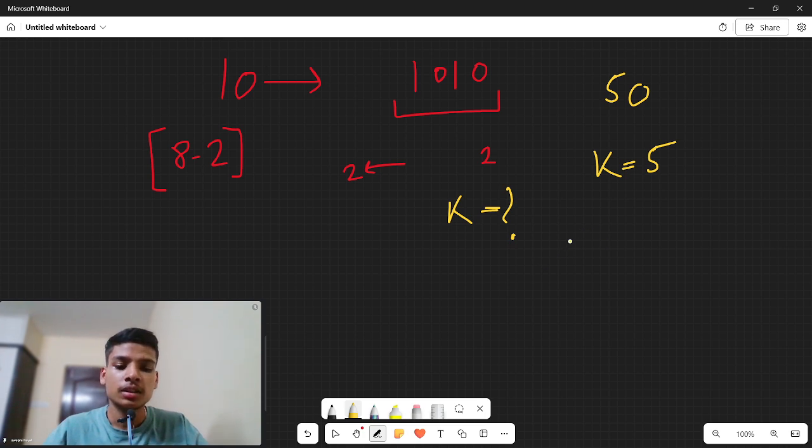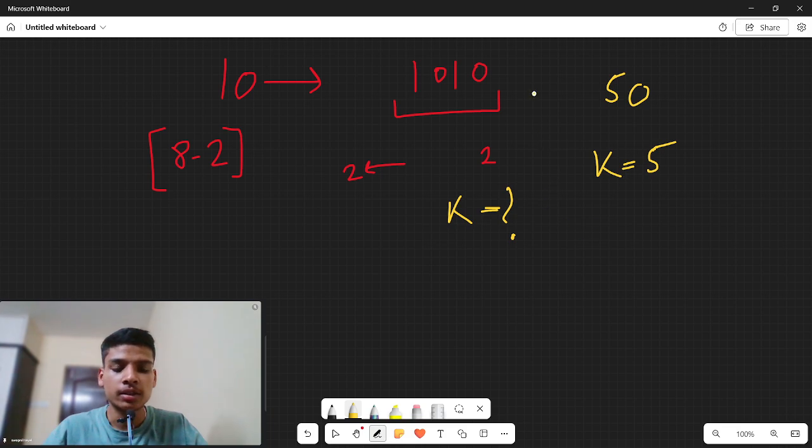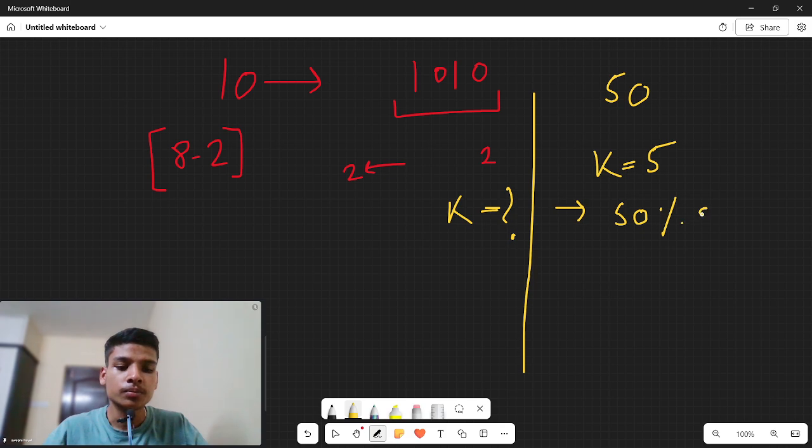Let me explain it here. First of all, 50 is there, right? I check if 50 modulus 5 is equal to 0. If yes, then add 0 to your answer, which is my answer variable.